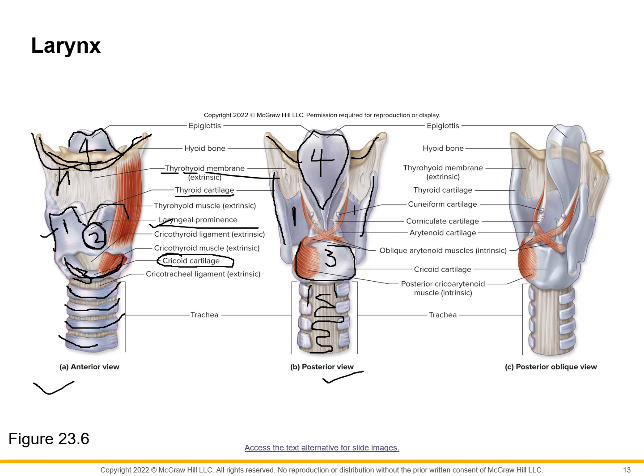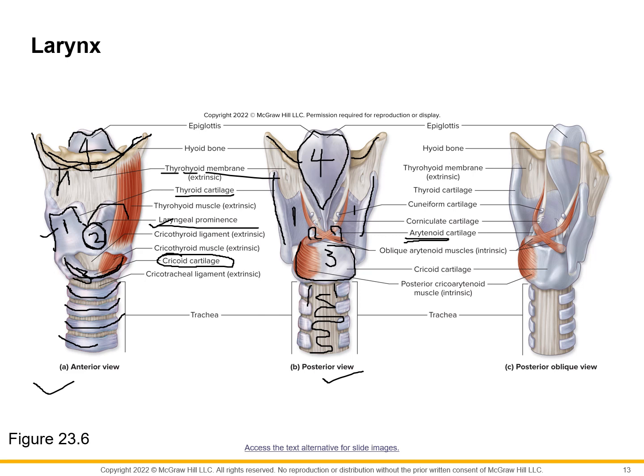Now the 2 other cartilages are small and look like fangs. So this guy right here, it is bilateral. So those 2 right there are called arytenoid cartilages. And they're basically attachment points for your vocal cords.